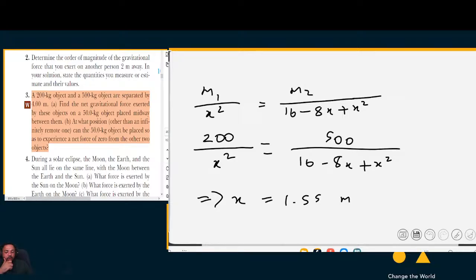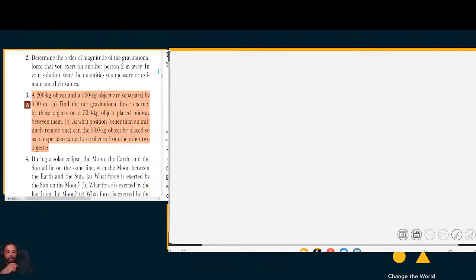Now, if you plug in the distance 4 minus x and calculate the force between the 500 kilogram and the 50 kilogram, you'll find that the force will be exactly the same, but in the opposite direction.